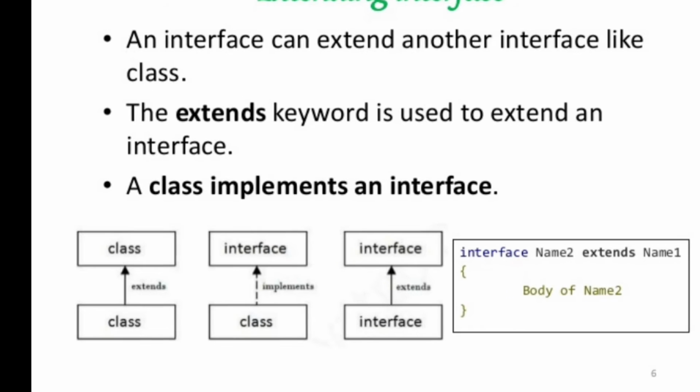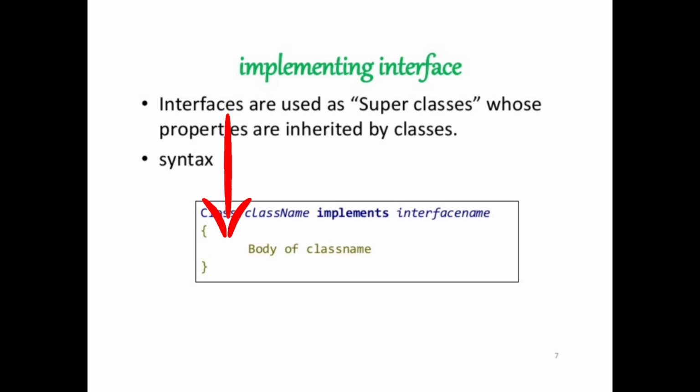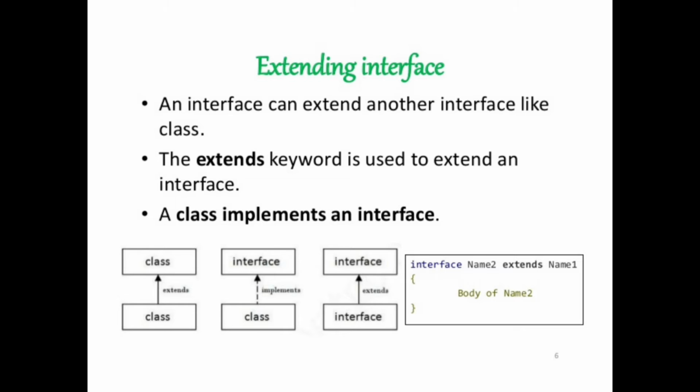In the first, one class extends another class. In the next, a class implements an interface. In the third, one interface can extend another interface using the extends keyword. For example, interface name2 is like a subclass of another interface name1, and it extends name1. Name1 interface properties can be used in the name2 interface.